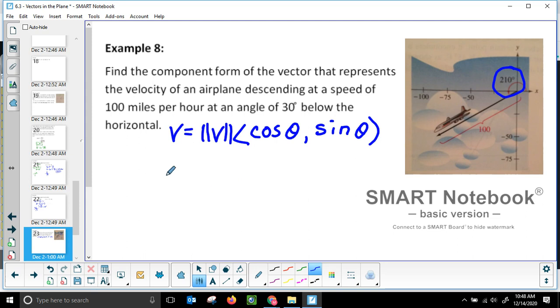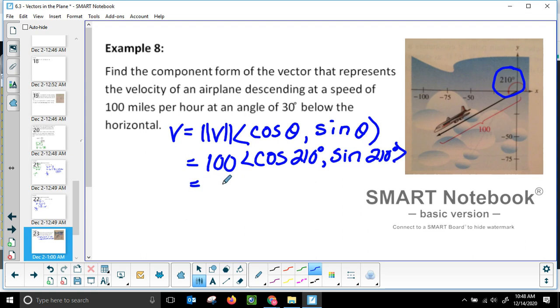All right, so this is an important formula here. We know that our magnitude is just 100, and the angle that they give us is 210 degrees: cosine of 210 degrees, comma, sine of 210 degrees. Now, these are nice because they're on the unit circle.